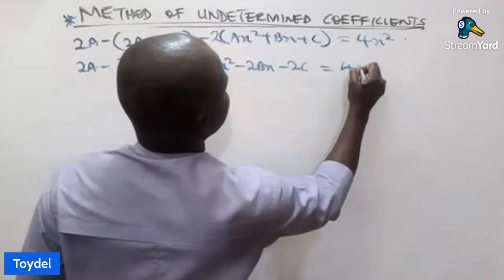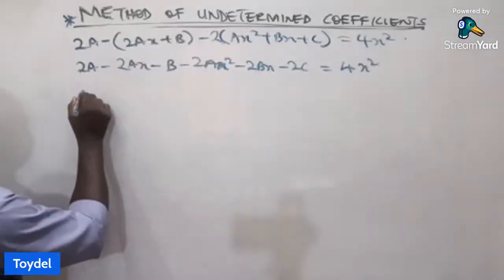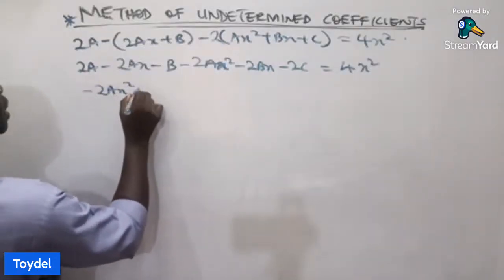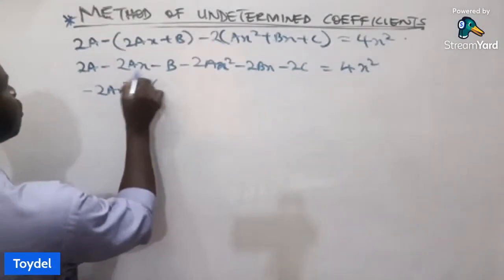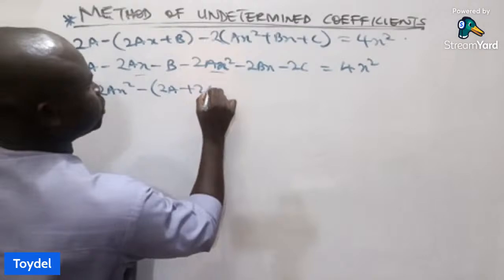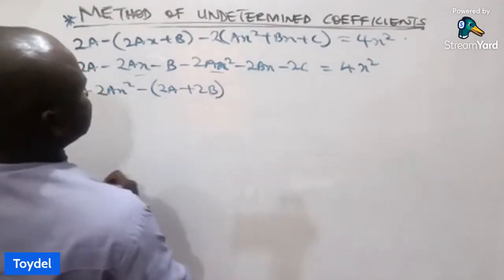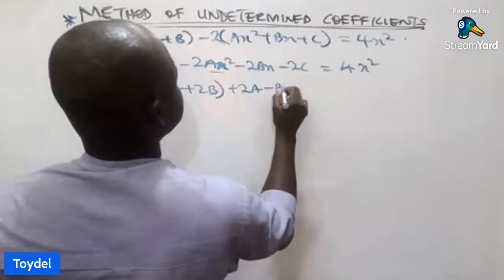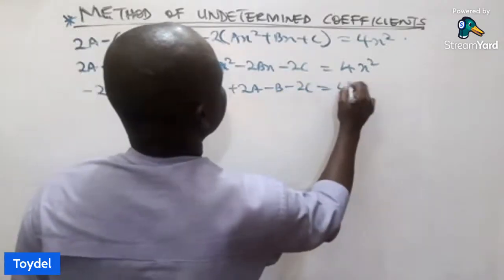So I want to collect the like terms here. For x squared, I will have -2a x squared. Then for x, -2a - 2b. Then the constant: 2a - b - 2c is equal to 4x squared.